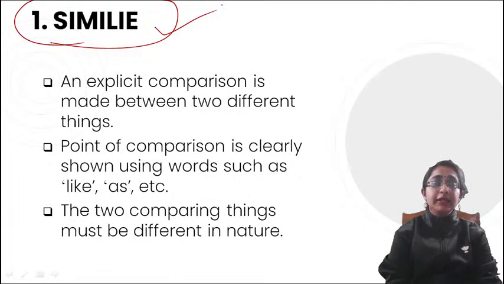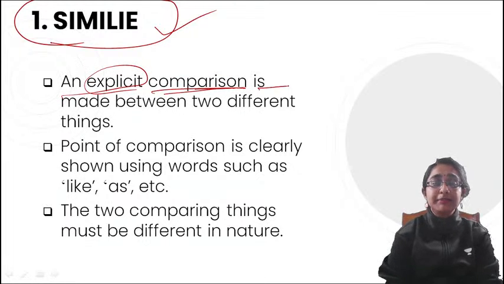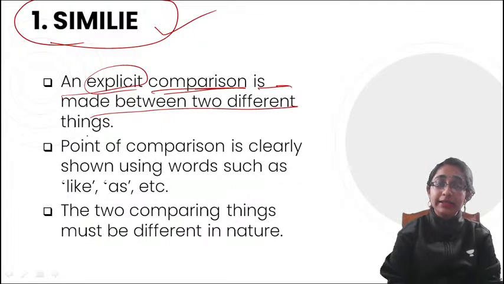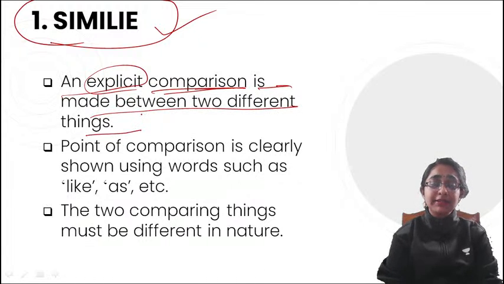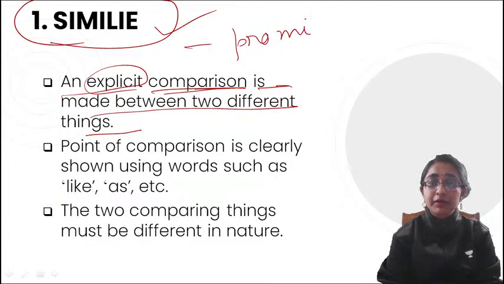So, what is the definition of simile? Simile is an explicit comparison which is made between two different things. So, to remember simile, please remember the keyword explicit comparison, which is very prominent. The comparison is prominent and external.